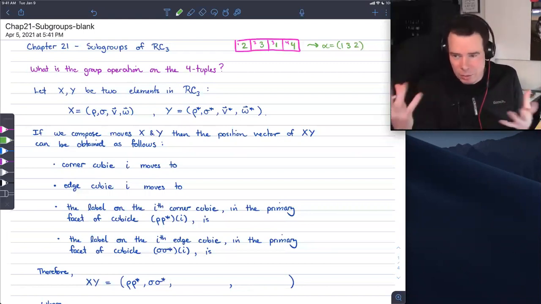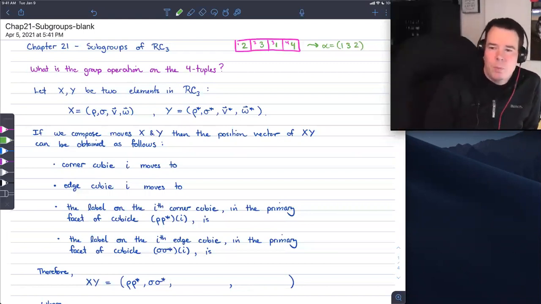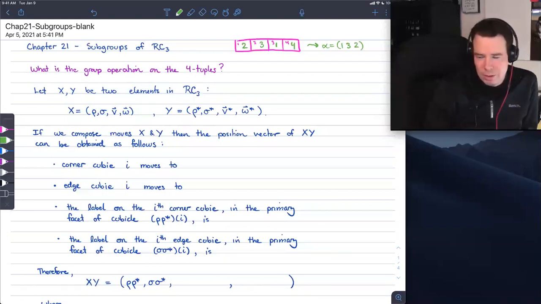So in this case, I would summarize this as: if I went from the solved state to this state, the tile that started in position 1 has gone to position 3. The tile that started in position 3 has gone to position 2, and so on. And so I get the same permutation, thinking of it not only as a static thing, but also as a representation of the move that happened.